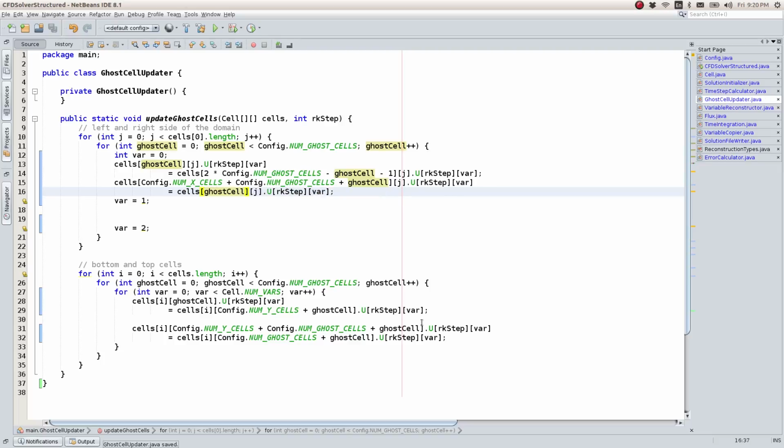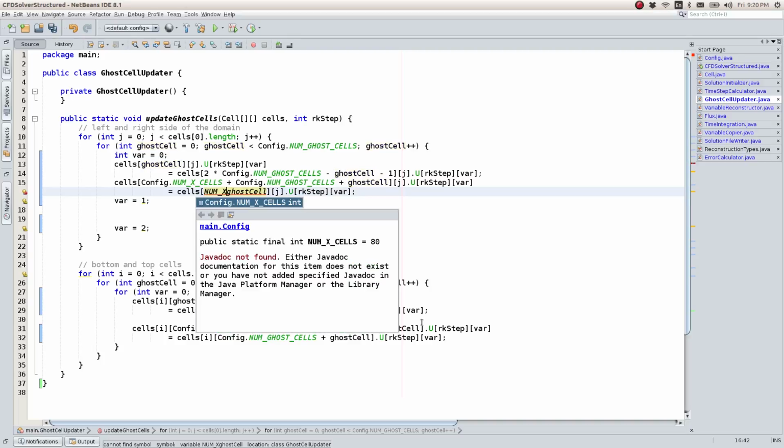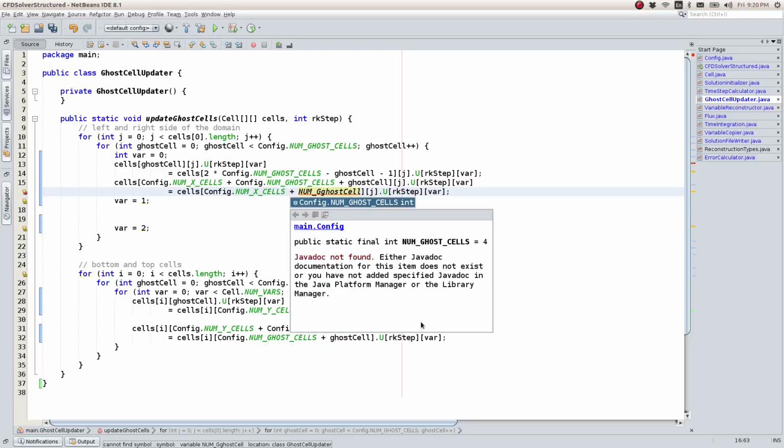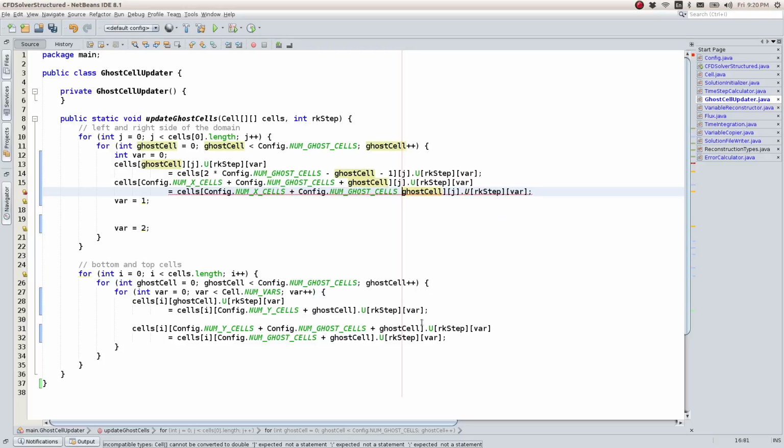So I'll have number of X cells plus number of ghost cells, minus ghost cell minus 1. So number of X cells plus number of ghost cells will take me to just the right hand side of the domain, and minus 1 will bring me back.